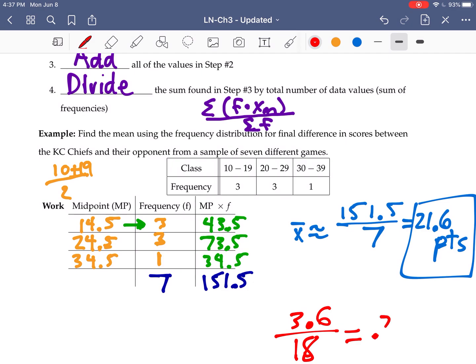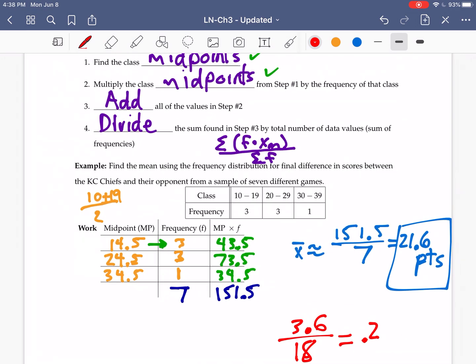So that's like a 20% difference, which is pretty large. So I would say this is not a very good estimate. You could look at the data set and try to come up with reasons why this didn't give us a good estimate for this particular data set using this distribution.